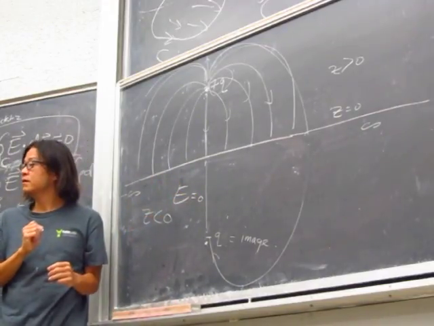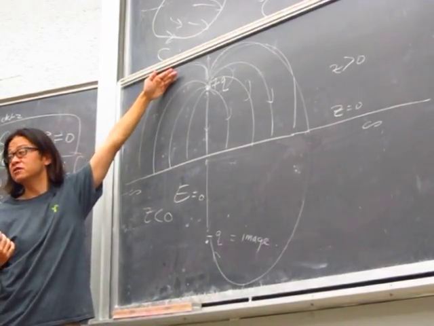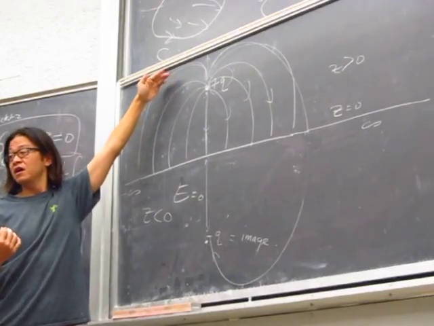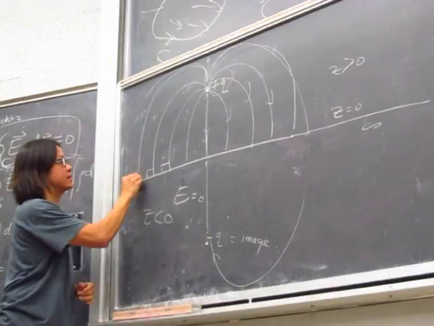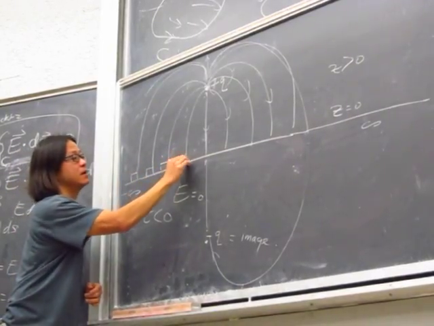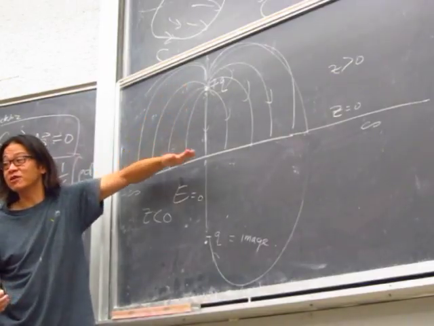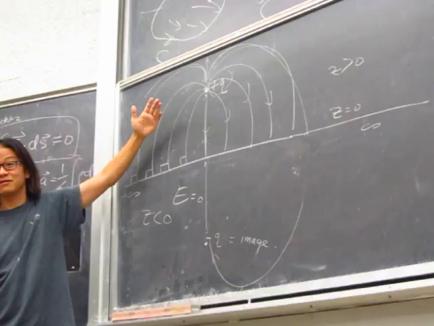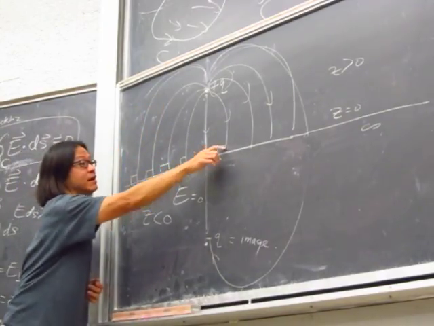And the top half solves the same Laplace equation, and the field has to go down perpendicular. Yes, it has to be perpendicular. If there wasn't a conductor there, it would just radiate outwards from the plus Q. Correct. Suddenly I put the conductor here, and it changes the boundary condition for the Laplace equation.